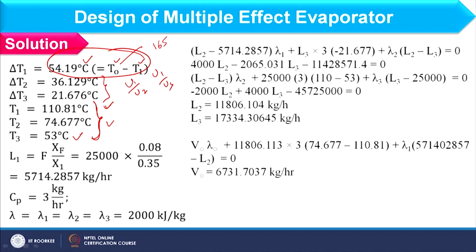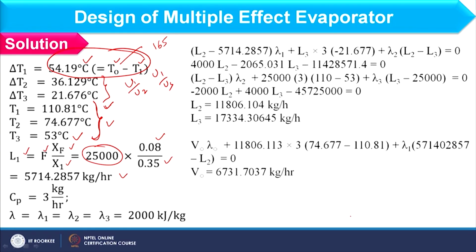Here you know F XF as well as X1, so L1 X1 should be equal to F XF, and that should be equal to 25,000 into 8% by 35% by weight. Here we can find out L1 as 5714.2857 kg per hour. Next step is to find out L2 and L3.